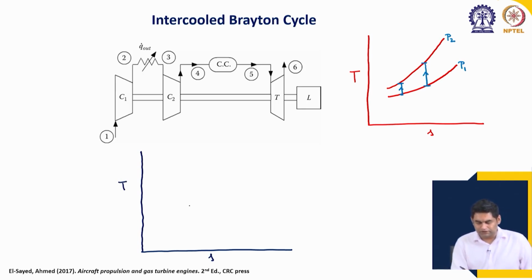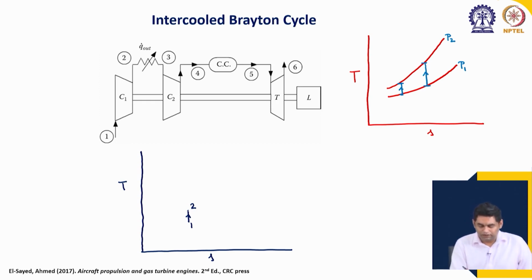Let me first draw the cycle, then we will come to the arrangement of the different components. We have a compression process going from 1 to 2, but here, unlike all the previous 4 cases that we have seen, the entire compression is not done by this compressor. This is known as the low pressure compressor.